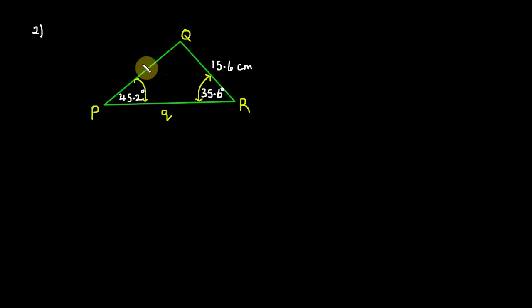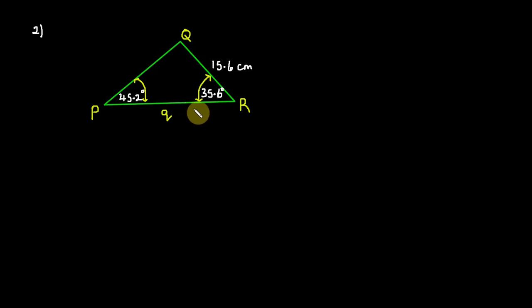But we're not asked to find side PQ or small r. We are asked to find small q. But guess what? We are not given the angle opposite to this side q. But we are in a position to find angle Q.